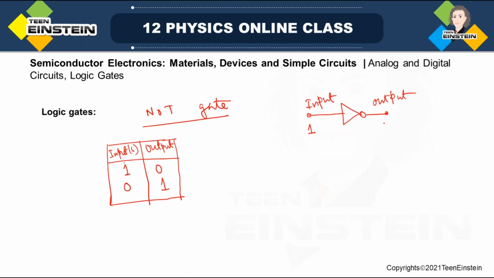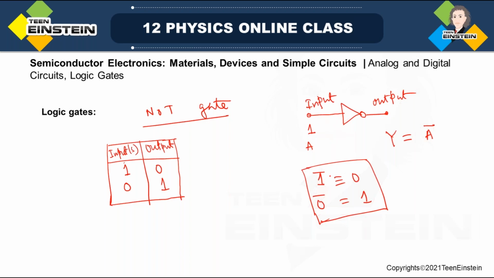Generally, Boolean expression is written like, if this is A, then output Y will be A bar. So 1 bar means 0, or bar of 0 means 1. This is what you can remember.